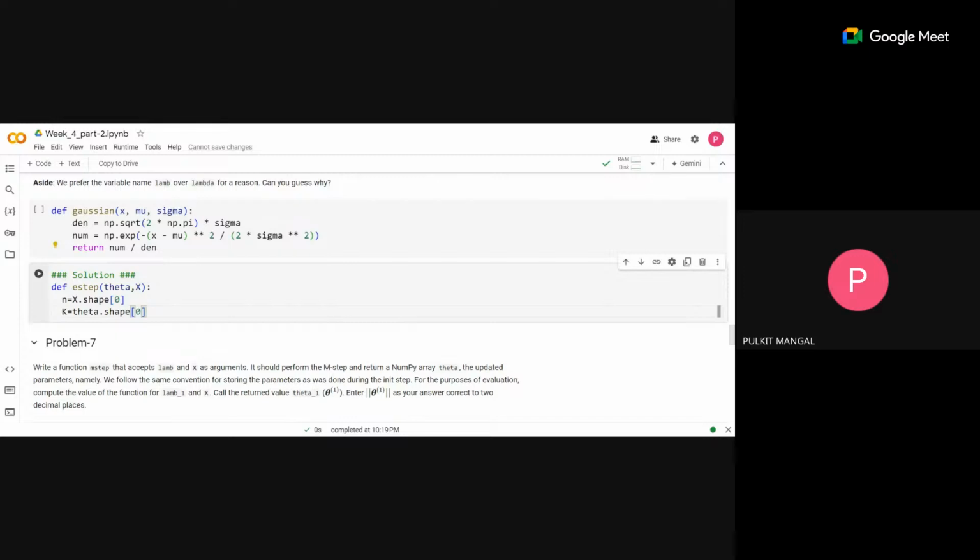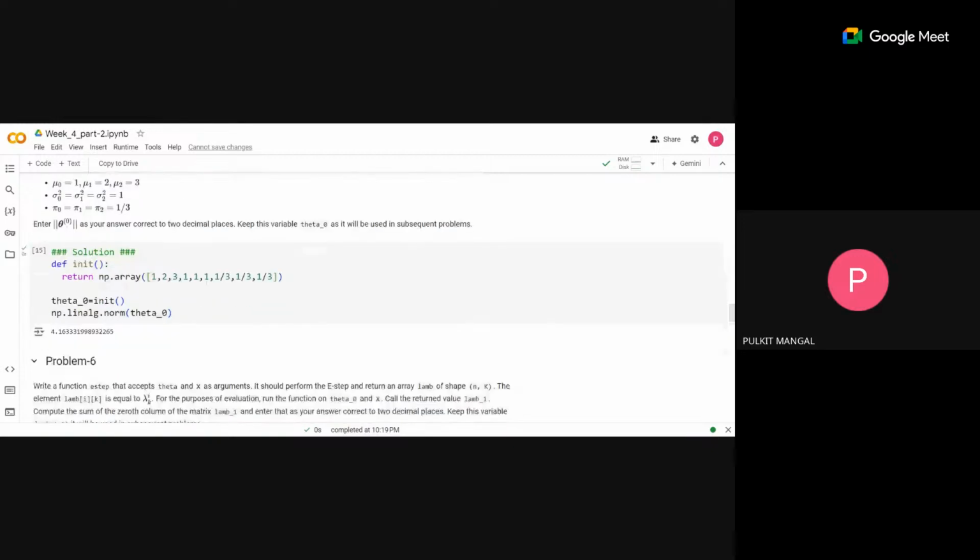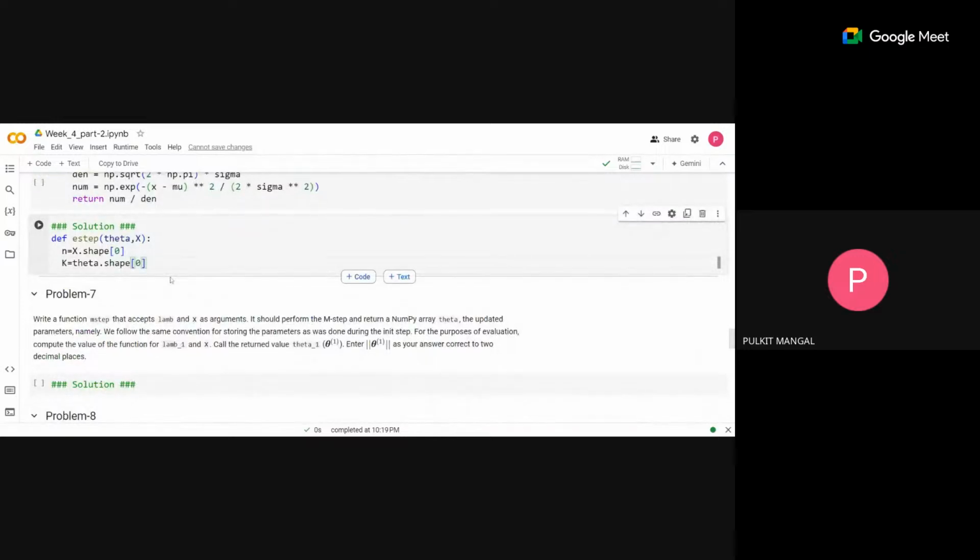This will again give us the shape of theta. If you remember, theta is of shape 9 comma 1, and the component is basically 9 by 3. So we have 3 components.